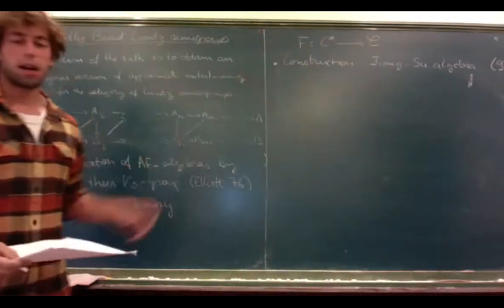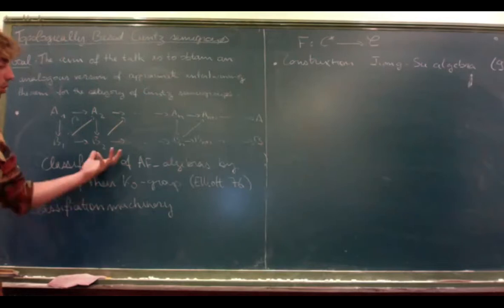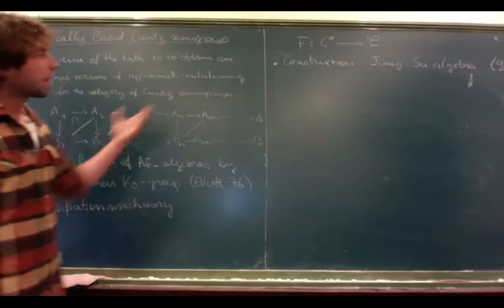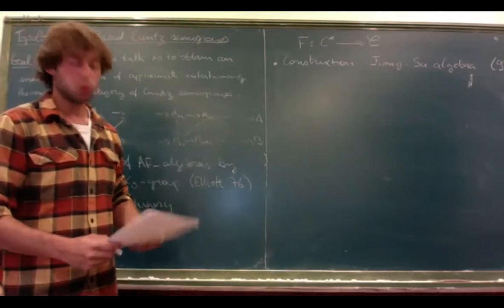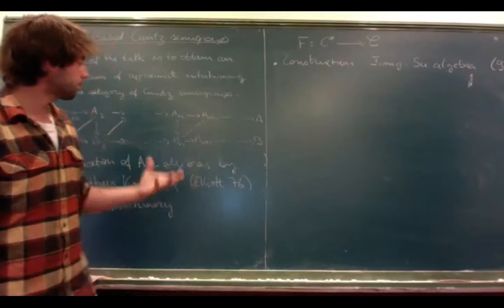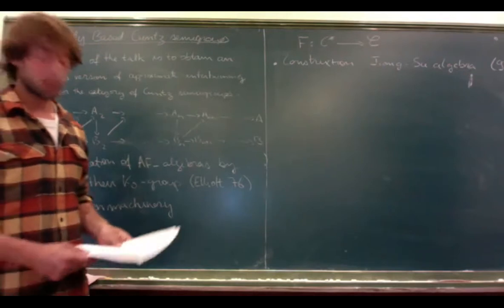So we see that there are a lot of applications of this kind of technique, especially in the classification of C-star algebras. And now we will see a bit about the Kuntz semigroup, and we will end up trying to apply this kind of argument in the Kuntz category.